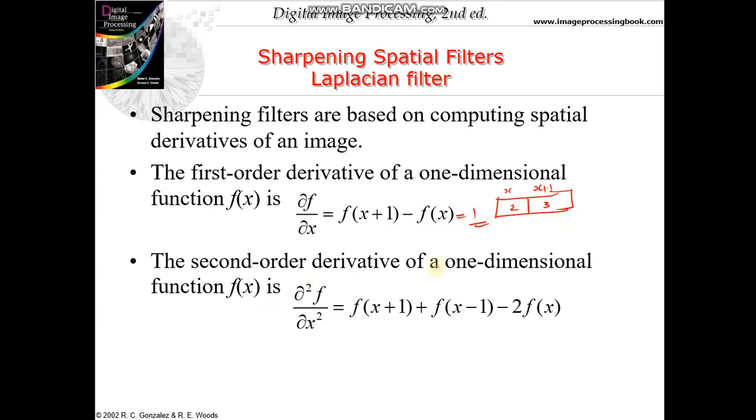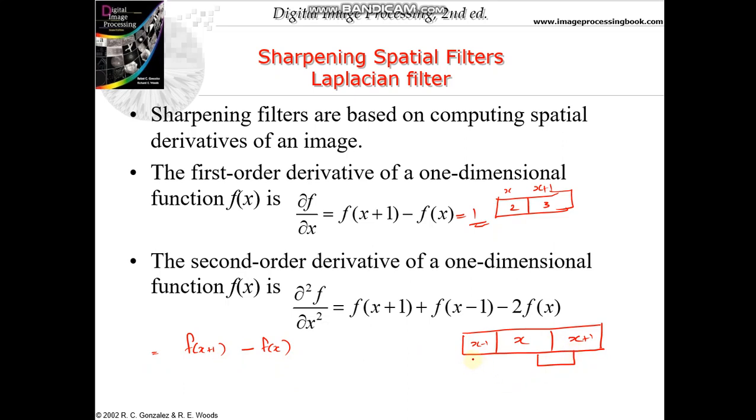Now coming to the second order derivative. When it comes to the second order derivative, we have to consider one more pixel. So if this is x and this is x plus 1, we need to consider x minus 1 also. The first difference is f of x plus 1 minus f of x, the difference between these 2 points.